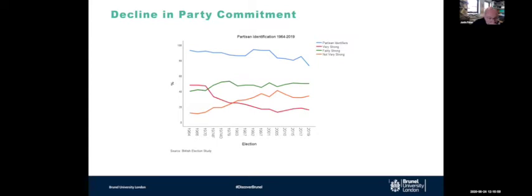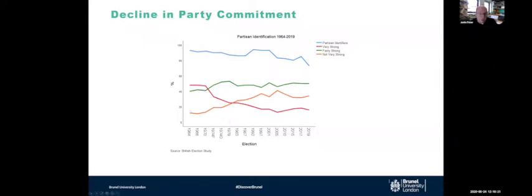And that really continued up until 1970. But after that, we see a steep decline in the 70s and a continuing decline ever since, such that fewer than 20% of these voters now see themselves as being really strong supporters.